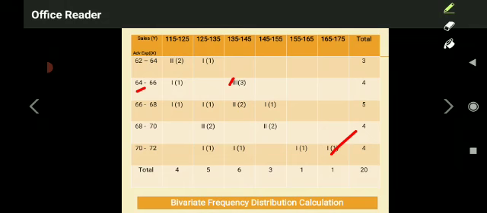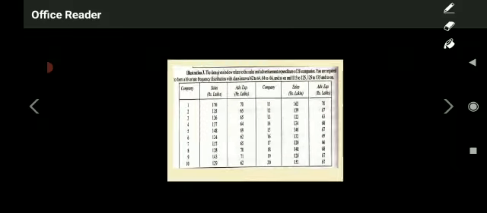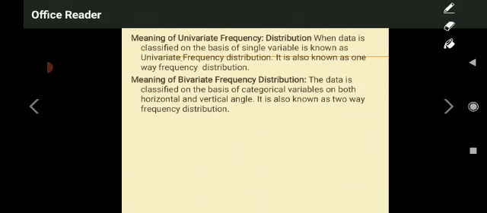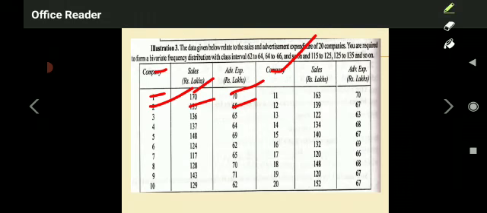Now go again to data information. In the third company, look at the status of the third company. The status of the third company is 136 and 65. 136 is the sales of that particular company, and 65 is the advertisement expenditure. Where does it fall?